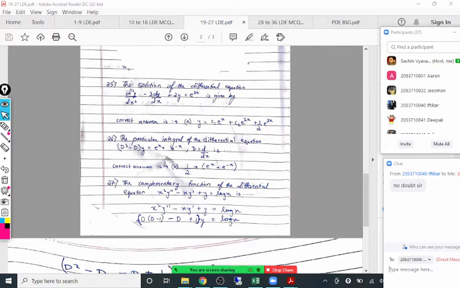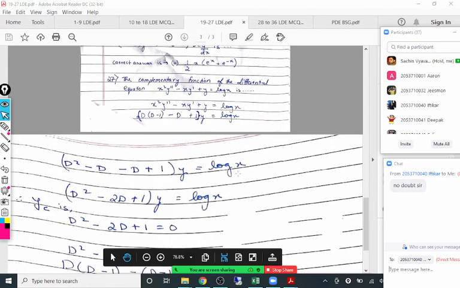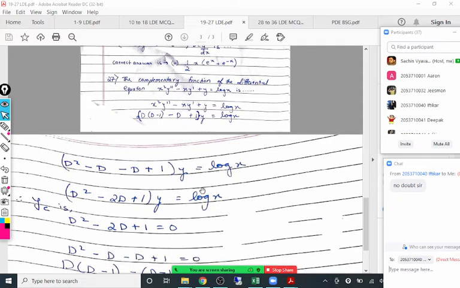Actually, as z is log x, x is e raised to z, so log of e raised to z is just z. RHS is just z there, not log x.